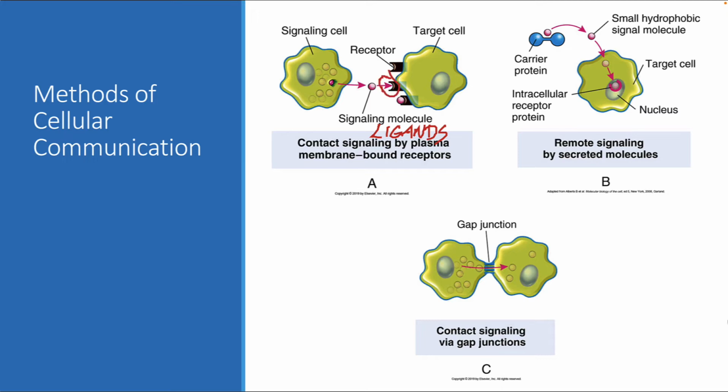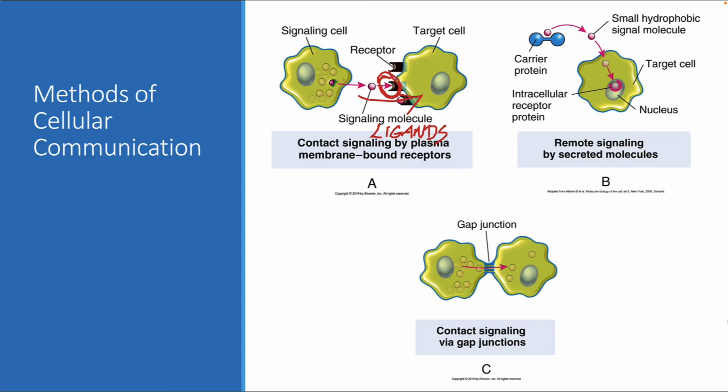And so this ligand signaling goes from one cell across the intercellular space, the extracellular space, to the target cell. And so that's one way that cells can exert an influence on another. They send a specific signal that is picked up by a receptor on the target cell.